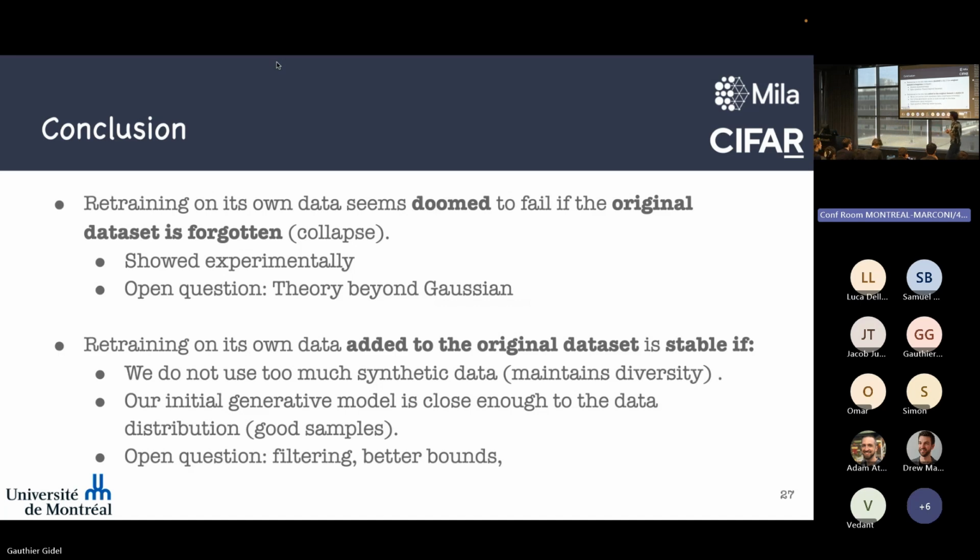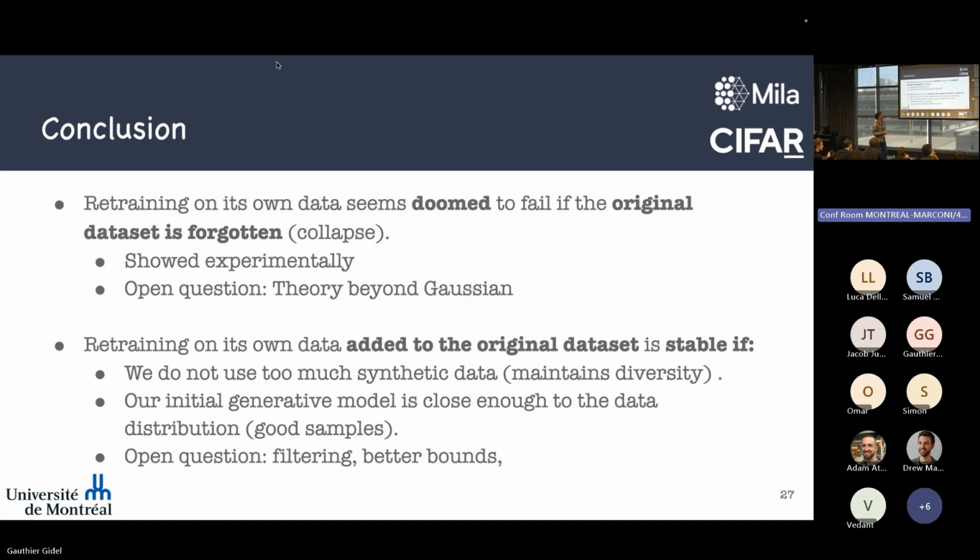Finally, there are a lot of open questions about actually improving the sampling process. In the real world, the data on the web are not random samples. They have been curated by humans. The avocado chair is a very good example. People put it because it looked good. Most images that don't look good are not on the web.